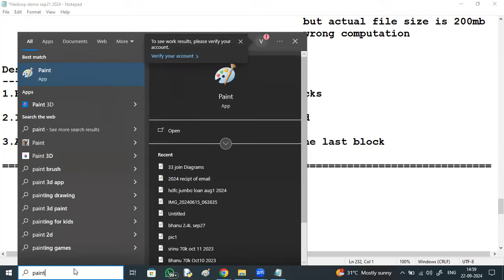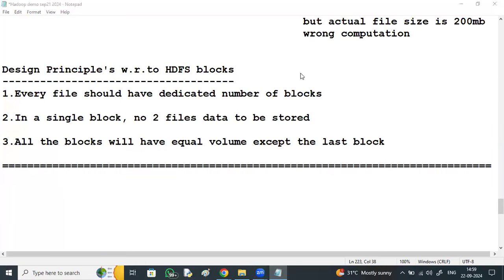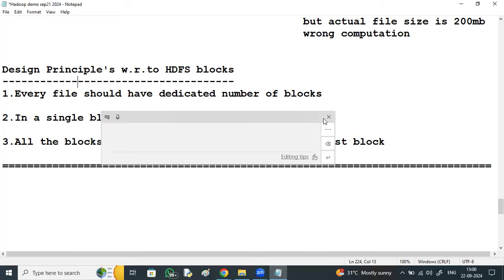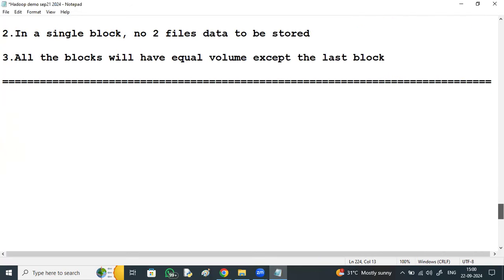Hadoop follows master-slave architecture: a single master and multiple slaves.